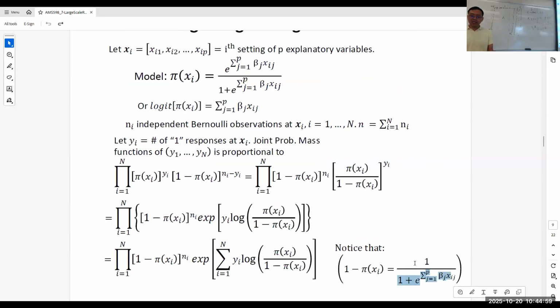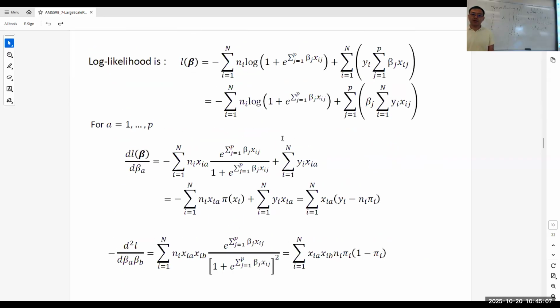So you're taking the log of this thing, you have a negative sign up front, and you leave your log of 1 plus e to the power of x beta, right? So this is what I have here. The first term here is this guy. The second term will be the summation i from 1 to n, inside it will be yi times the summation j from 1 to p of beta j x ij, right?